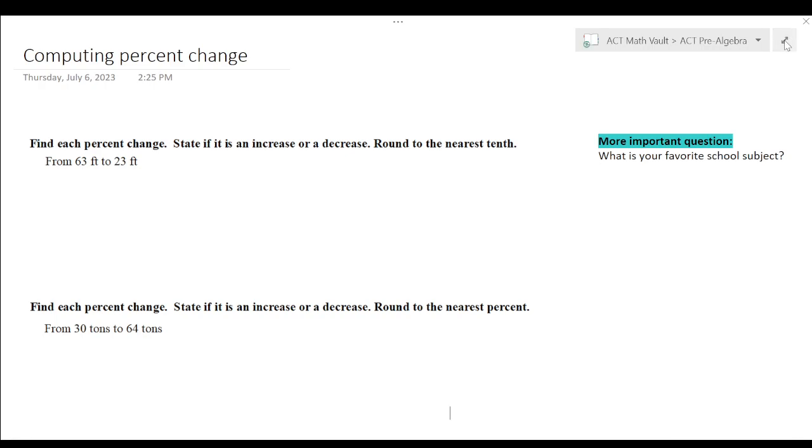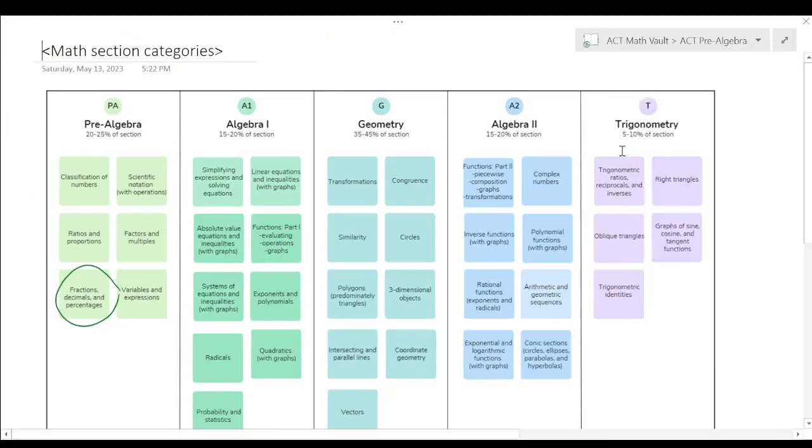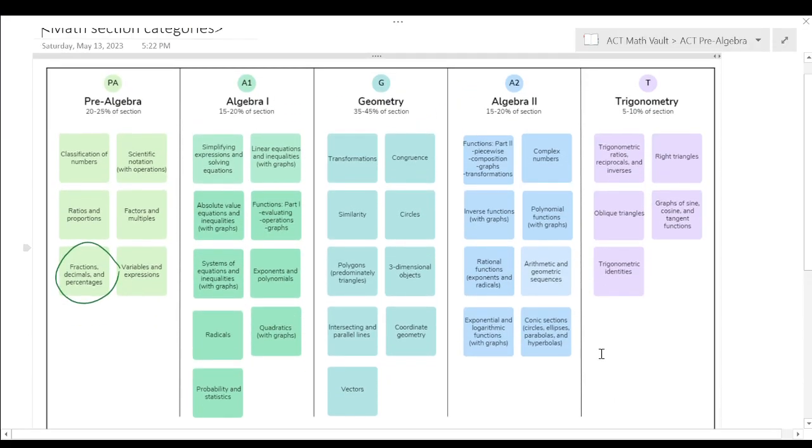Okay, so percent change, yes, it's a standard on the pre-algebra part of the math section. So, things like taking percent and relating it to word problems that involve, say, discount or sales tax, or trying to figure out by what percentage did something increase over time or decrease over time.